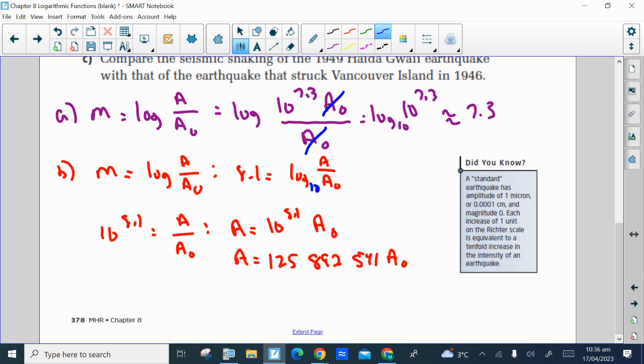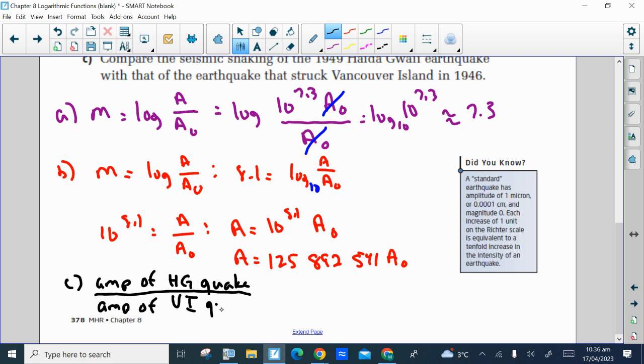So to compare these, we will take the amplitude of the Haida Gwaii quake, and we will divide that by the amplitude of the Vancouver Island quake.